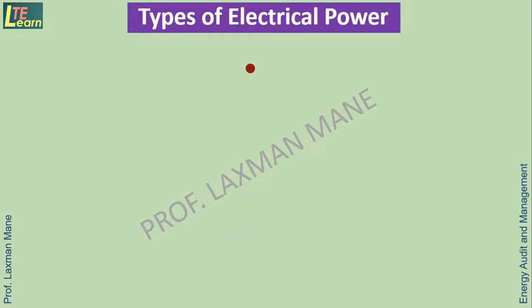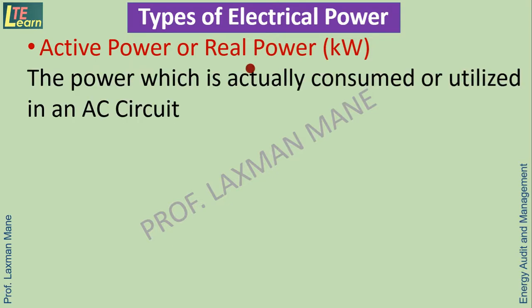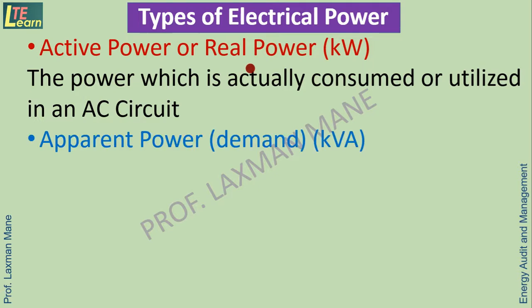Types of electrical power. Electrical power is classified as active or real or true power, in kilowatt. The power which is actually consumed or utilized in an AC circuit is active or real power. Apparent power is the power which is used on demand.